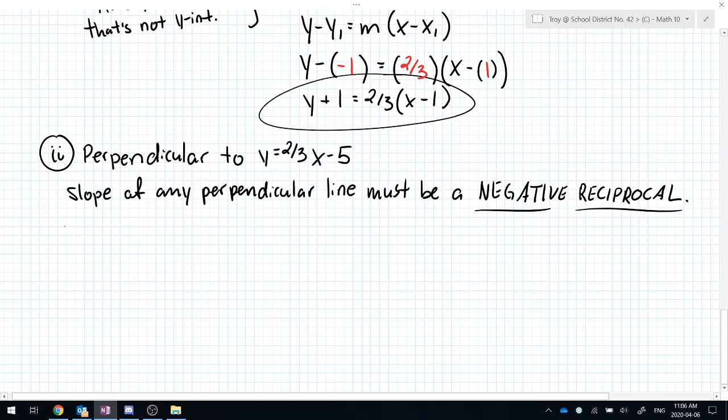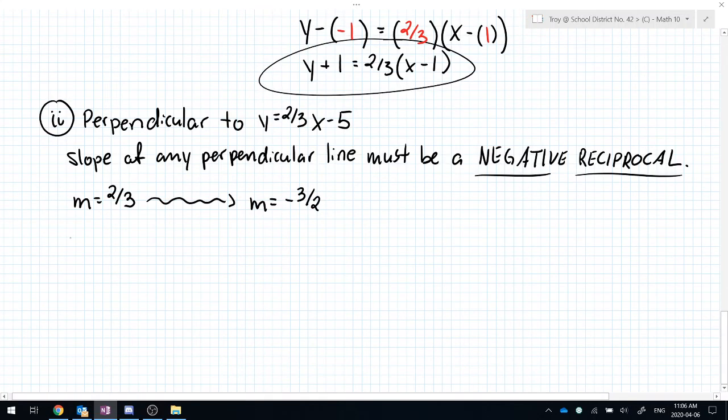All right, so our slope here, of course, is 2/3, but the negative reciprocal of 2/3 is going to be negative, and remember the reciprocal means to just flip the fraction. So 2/3 becomes -3/2.